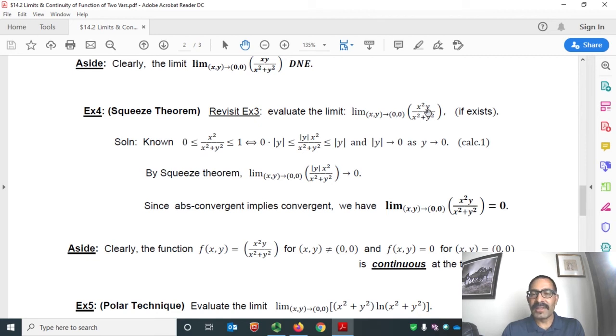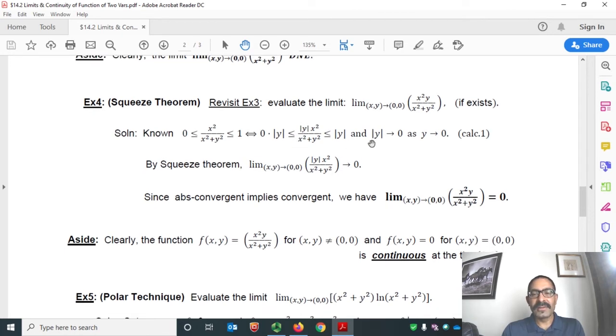Then what do I need? Now I need y there in my numerator. So let's multiply by absolute y, meaning the positive y. Still the inequality is true, and as y goes to 0, that means the absolute value of y also goes to 0.